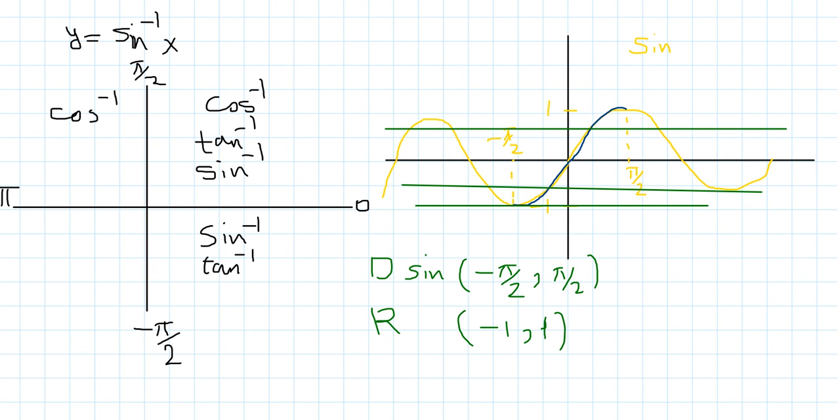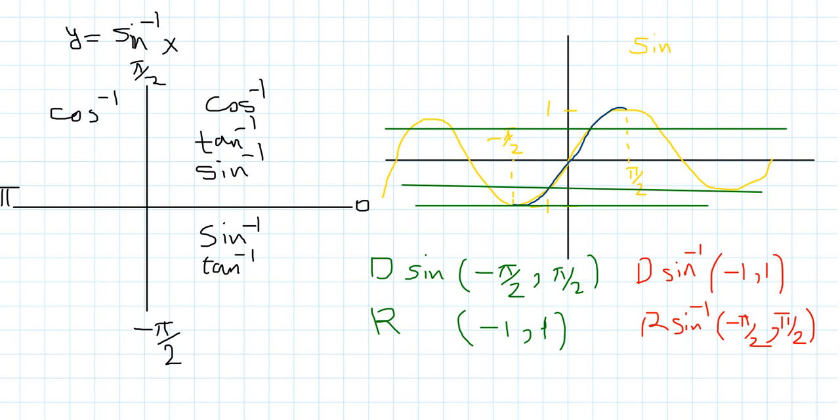To draw the sine inverse, we only change the range and domain easily. So for sine inverse, the domain is -1 and 1, and the range is -pi/2 and pi/2. Easily we can change this, and every point you can change.